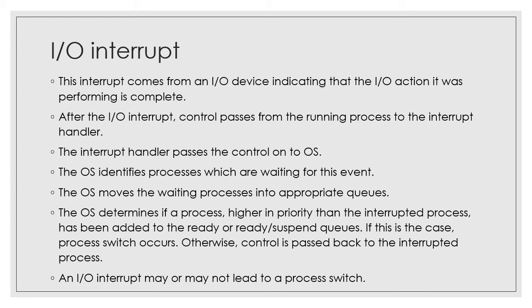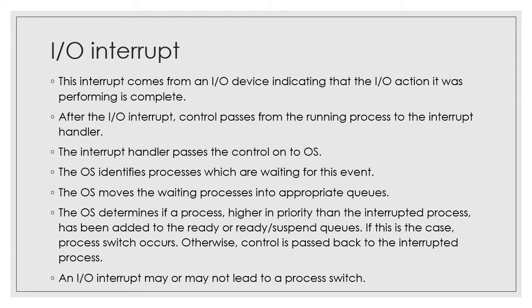If the higher priority process is in the ready suspend queue, it must be brought into memory and moved to the ready queue. Once this is done, the higher priority process is selected by the dispatcher from the ready queue and control is transferred to it.